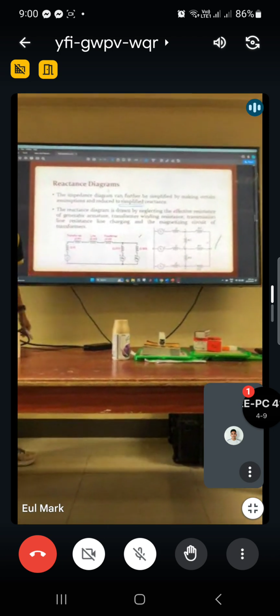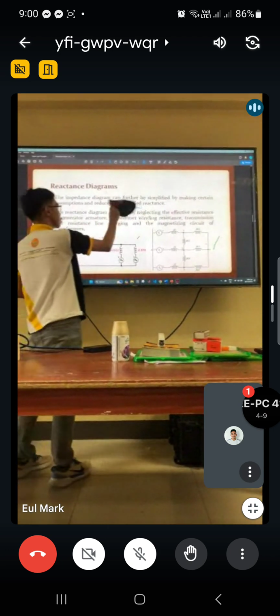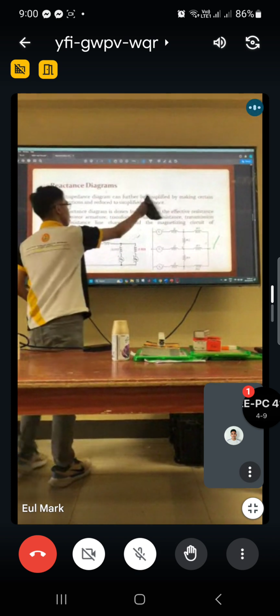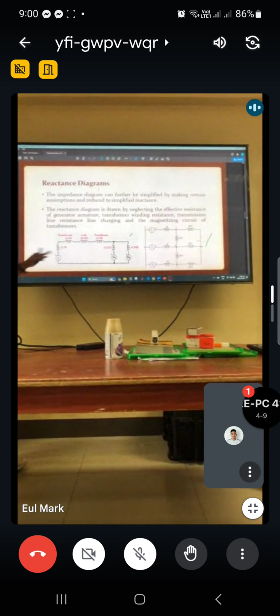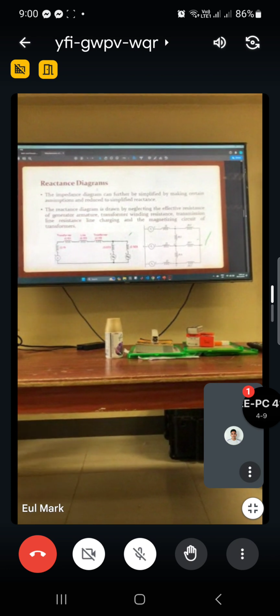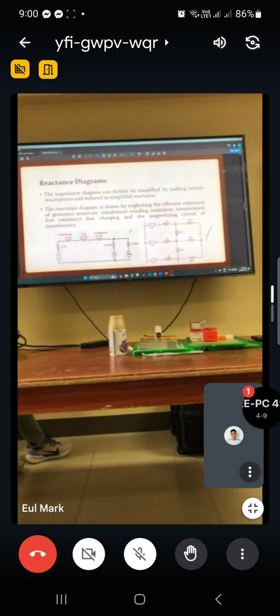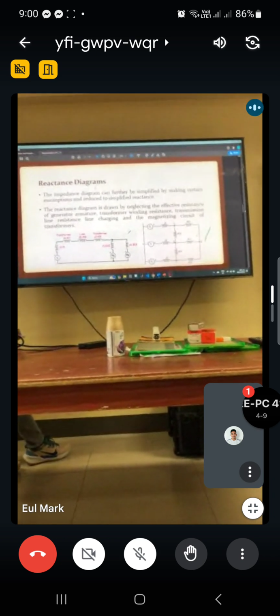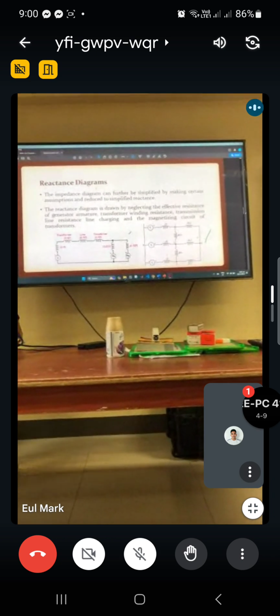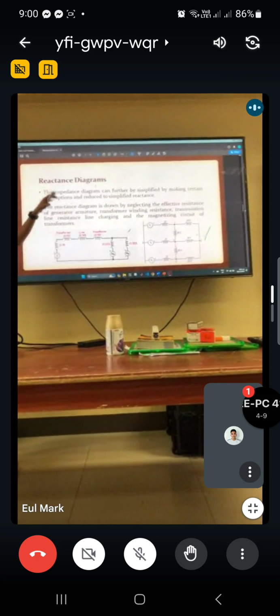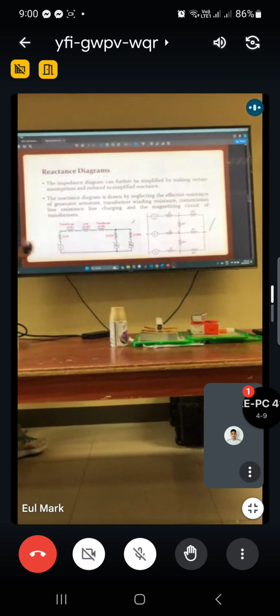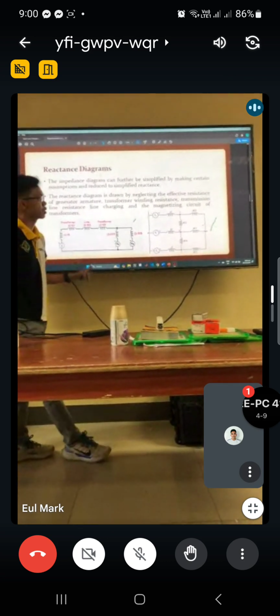It's basically just an impedance diagram, but what can you see on the diagram? None? Well, no resistance. From the word itself, reactance diagram, it means only the reactances of every element.